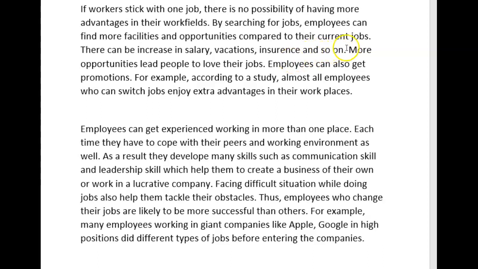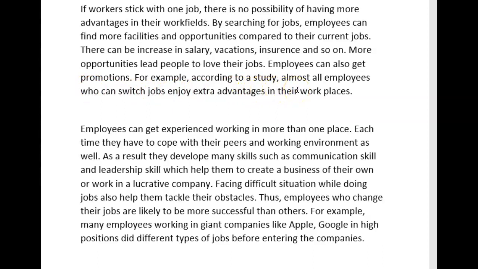Now, these two sentences for me feel a little choppy. More opportunities lead people to love their jobs. Employees can also get promotions. This feels really very choppy, like it doesn't fit with the rest of the paragraph and they don't fit with each other. And then here, almost all employees who switch jobs enjoy extra advantages in their workplace.